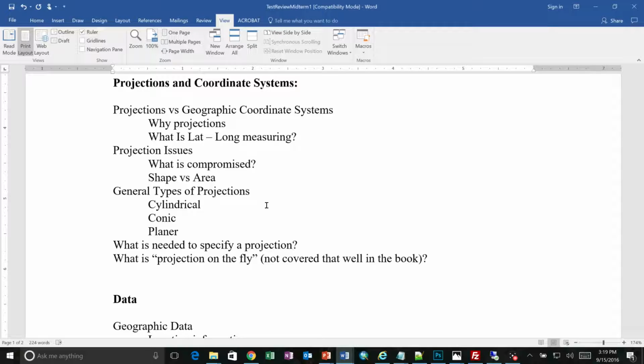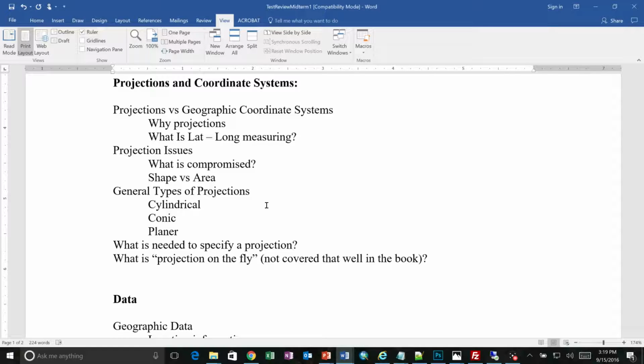You get a warning that says there's no projection specified in this data. You want to continue? And I just say, yeah, click yes. The reason why I'm saying click yes is because I know that that data is in the same projection as all the other data that you're adding to your view. But if it wasn't, it wouldn't show up correctly because it can't do the projection on the fly if it doesn't know what projection it's in.